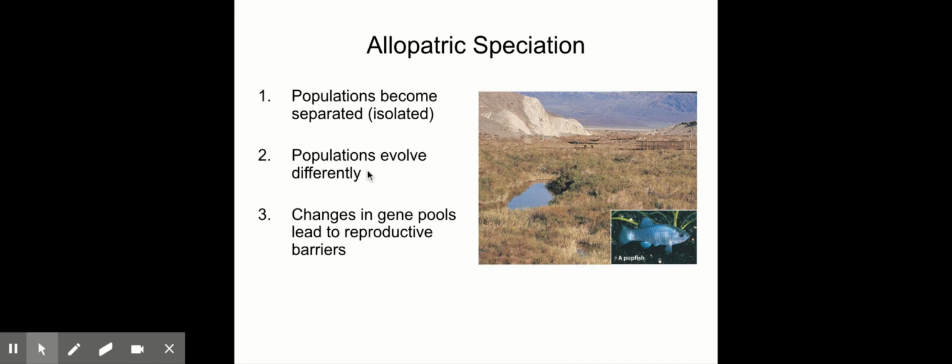The second step here is that those populations that are isolated evolve differently. Now, I want you to think about this. What are the mechanisms through which populations evolve? And how could that influence the evolution of these isolated populations of pupfish?